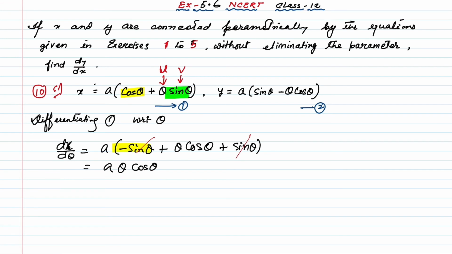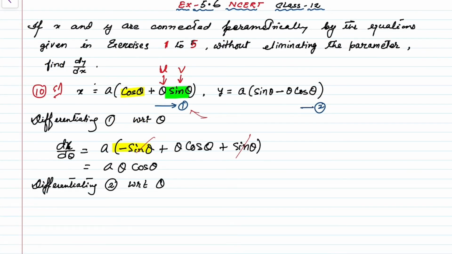Now let us differentiate equation number 2 with respect to theta. Here the derivative of sin theta is cos theta, so dy by d theta is equal to a cos theta minus, and here we are going to use the product rule, taking theta as the first function and cos theta as the second function.